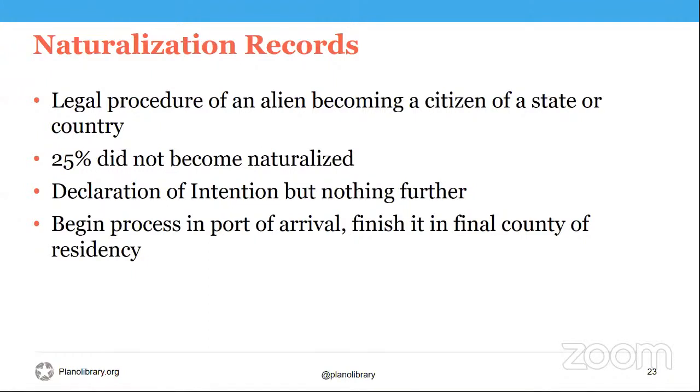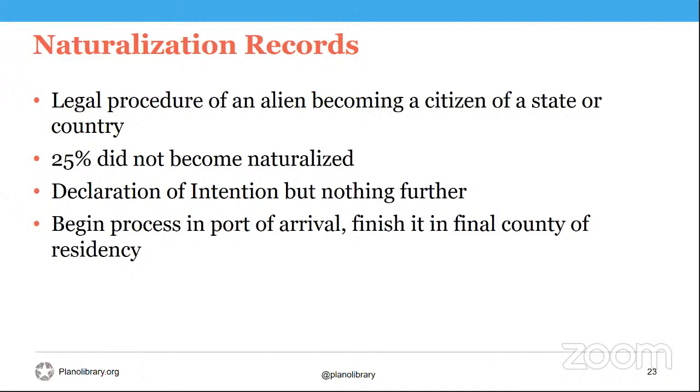You might have naturalized when you arrived in America, say in New York or Boston, and then you did it again when you made it out to South Dakota. But you would do it several times, or the immigrant would do it several times.